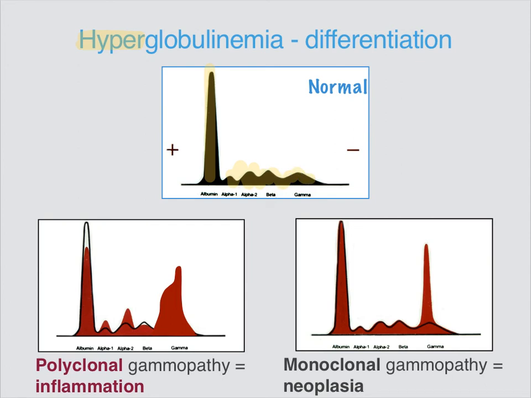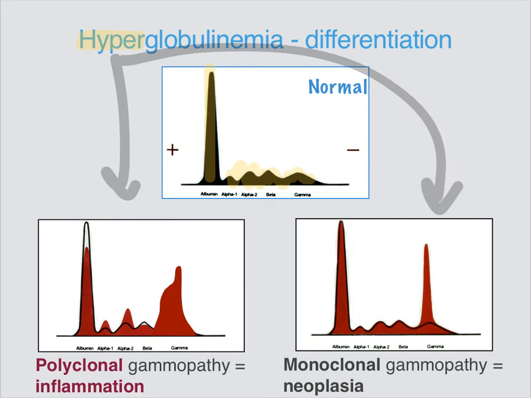This is what it looks like when you have a normal differentiation. Our big question is: is the hyperglobulinemia due to inflammation, or is it due to neoplasia? That's our two questions. We get two very distinct and different patterns depending upon the underlying process.